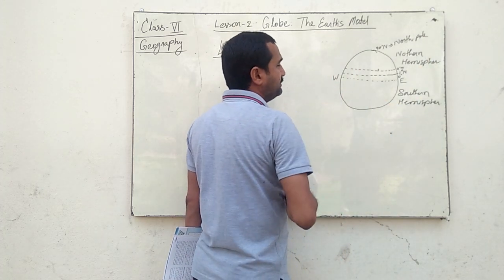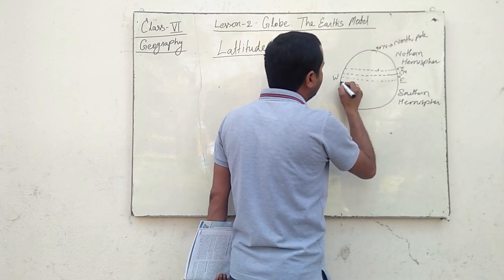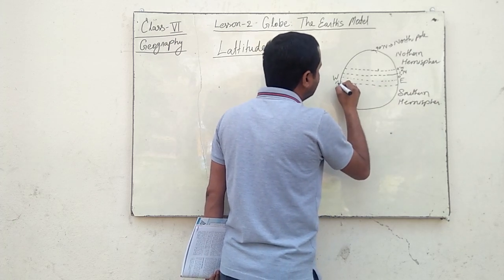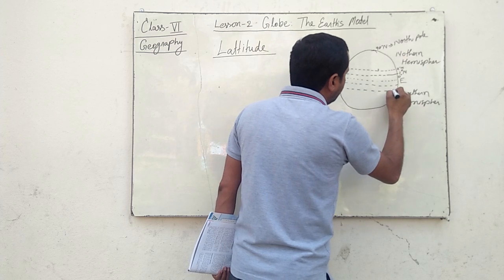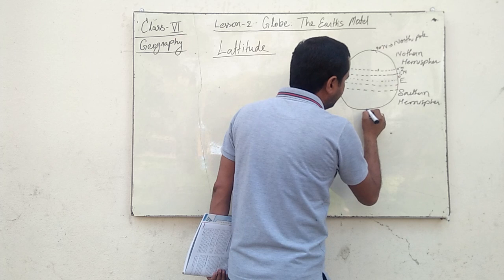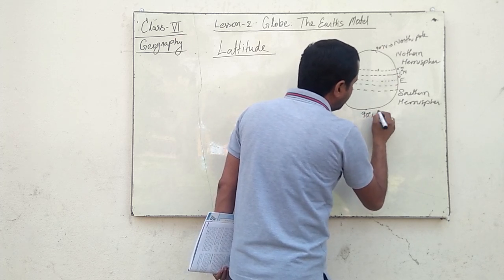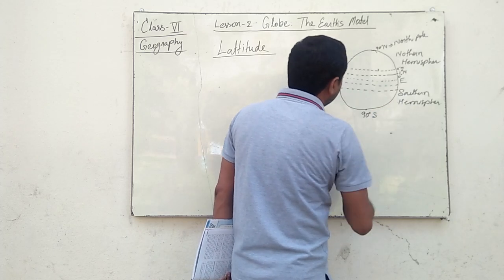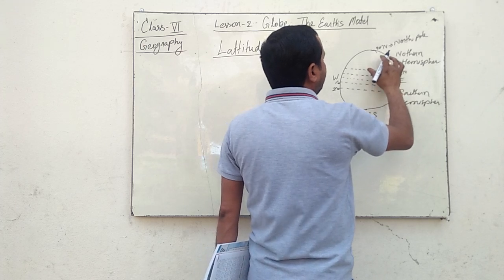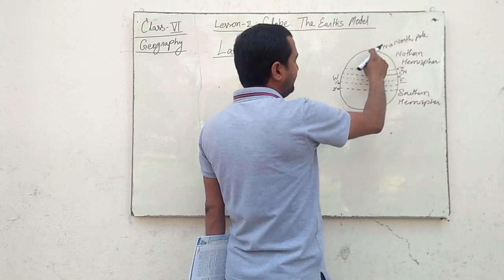Similarly, when we go towards the southern part, that is the bottom of the equator, the lines are marked in the same way: 1 degree south, 2 degree south, in this way, here it is 90 degree south. So 1 degree north, 2 degree north, 3 degree north, in this way we move towards the pole, that is 90 degree north.